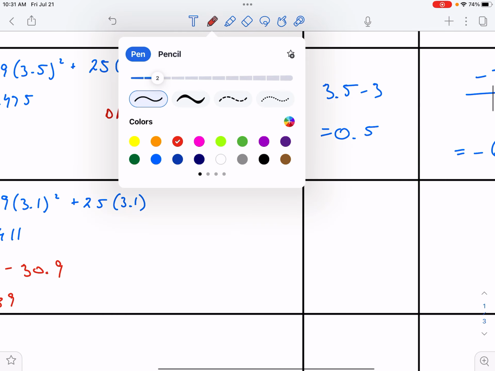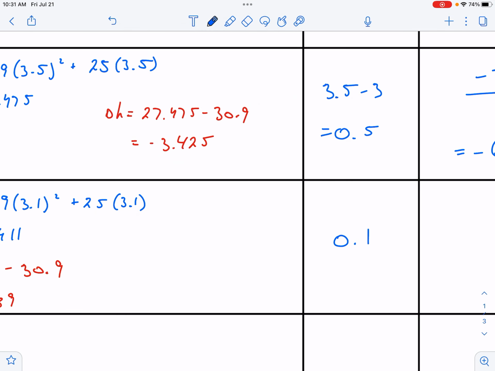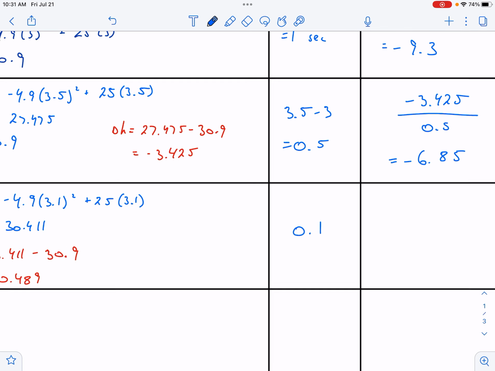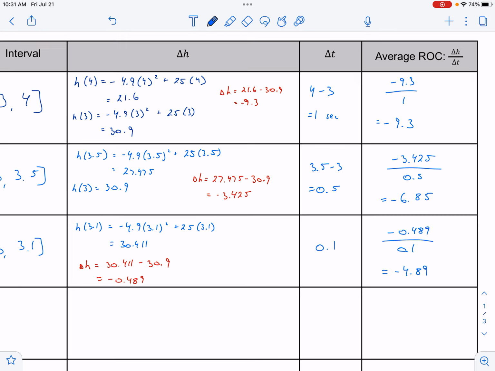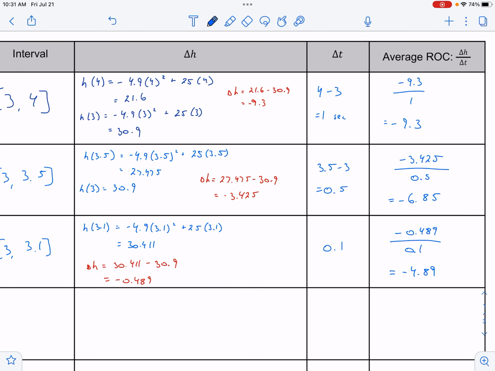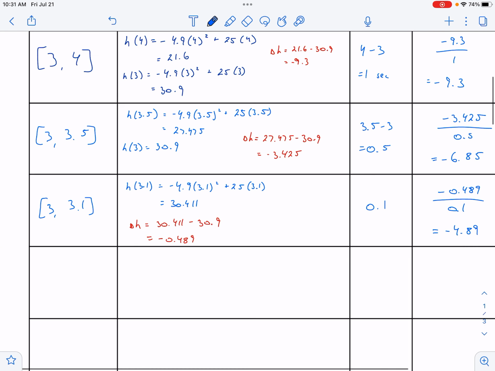This time we're working on an interval of just 0.1. So negative 0.489 divided by 0.1 is negative 4.89. Notice how the average rate of change is decreasing, but we are getting more precise. We're working on a smaller interval.